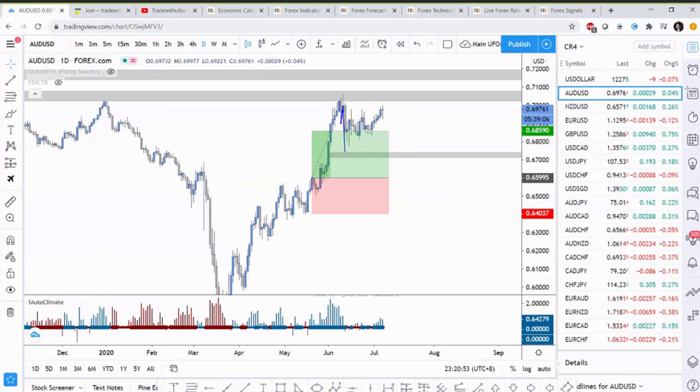Okay, so just going back to Auto Climb, there was a question on whether Auto Climb and Auto UFOs software are compatible with Forex brokers. Yeah, so TradingView.